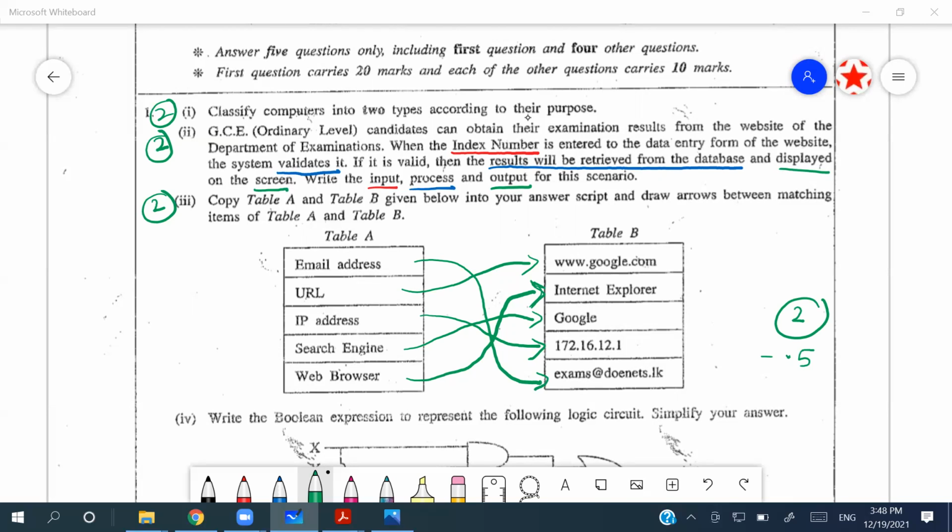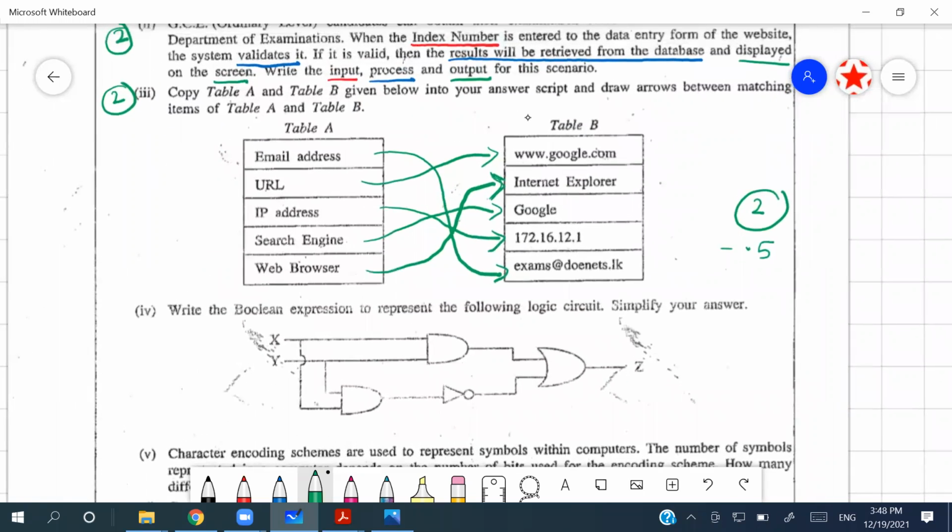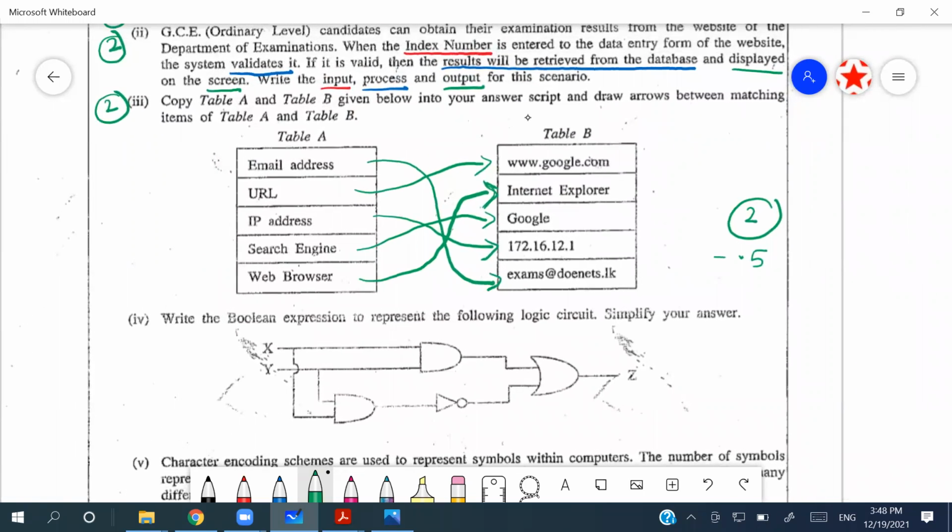Okay, in the fourth one, write the Boolean expression to represent the following logic circuit. Simplify your answer. Now you can't simplify. You don't need to simplify. So write the Boolean expression to represent the following logic circuit. That, of course, you can do.